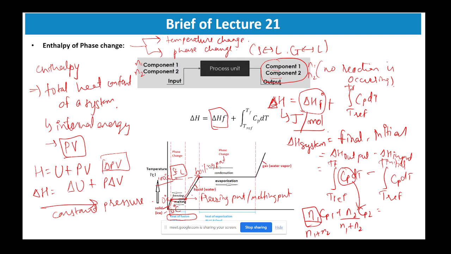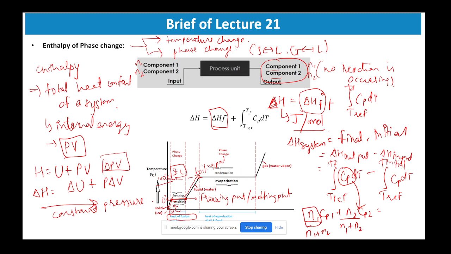Till the boiling point the temperature of the liquid will keep on rising, and after reaching the boiling point, if you keep on supplying heat, that heat will be used to convert liquid water into gaseous form, which is the heat of vaporization.